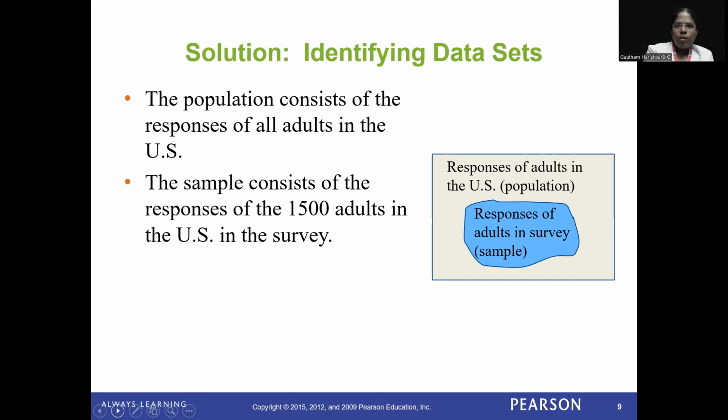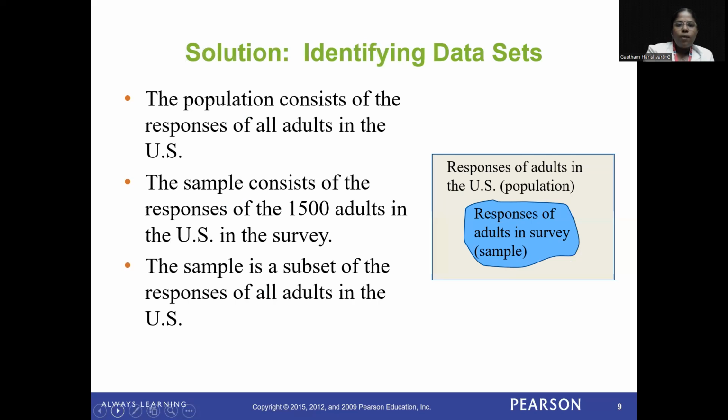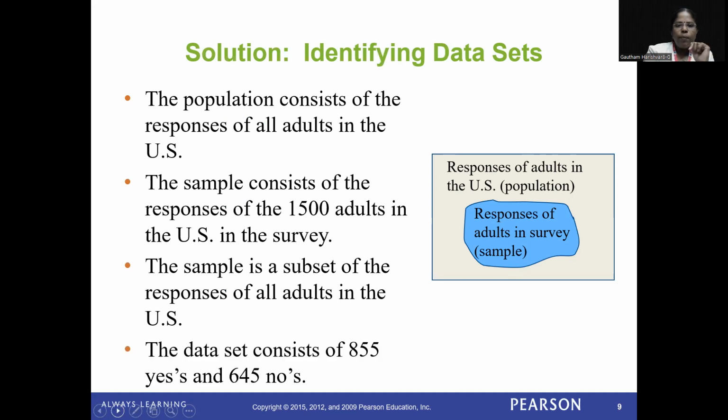I hope you can understand the difference between the population and sample. If you have doubts, you can ask me. Here the sample is a subset of the responses of all adults in the US.